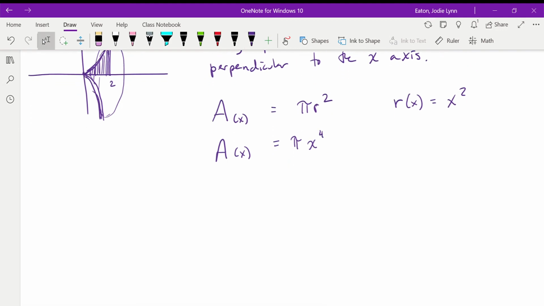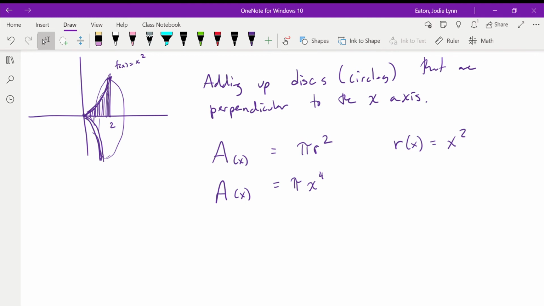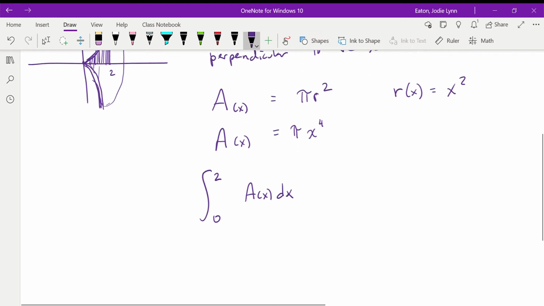So when we want to add all of these circles up, we're going to be doing similarly to what we did before. We're going to be taking the integral from 0 to 2, adding up all the circles from 0 to 2 of A of x dx, which is the integral from 0 to 2 of pi x to the 4th dx.